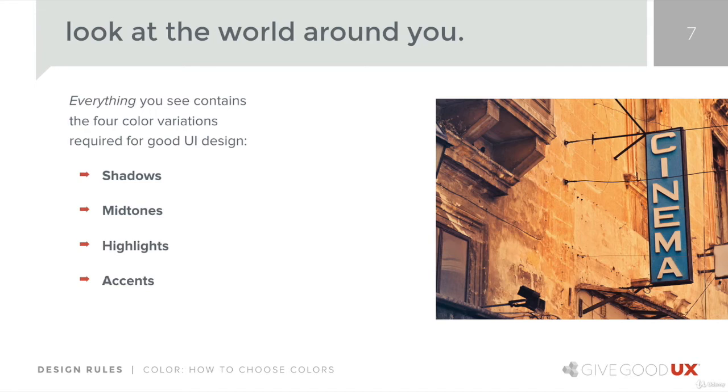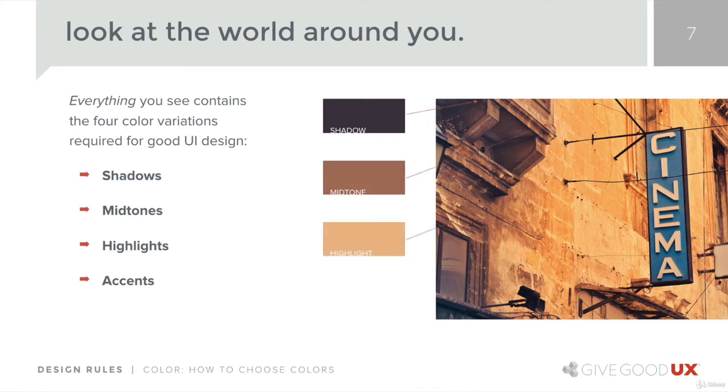All right, so what would we do here? Well, we could pick a shadow color from this dark brown in the concrete structure here. We could pick a midtone from a similar area. We could pick a highlight from this area around the window here, and then we could pick an accent color out of that blue. You see those colors? You see how there's a subtle variation?